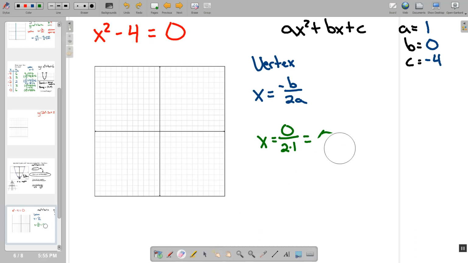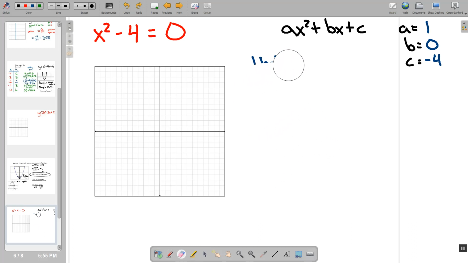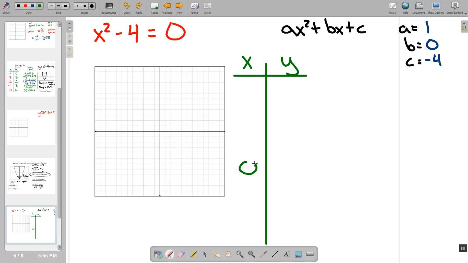Now, the reason why we want to find that is it creates the middle of our table that we're going to use to find the rest of our values. And because the x value is 0, that means we can do the table.